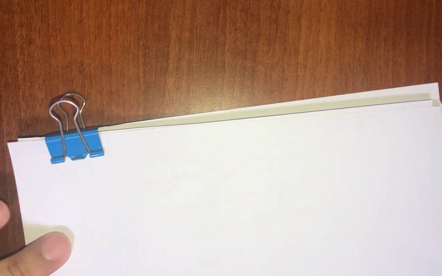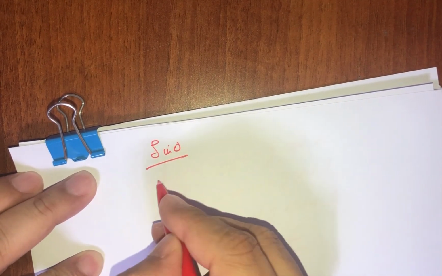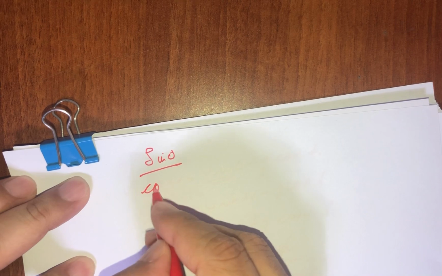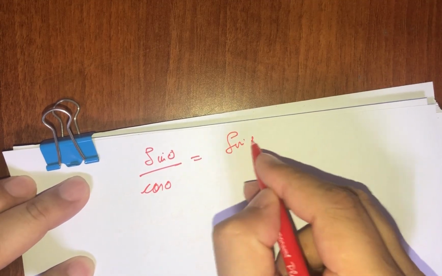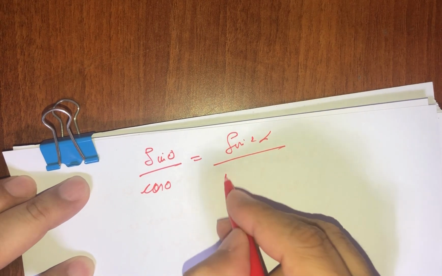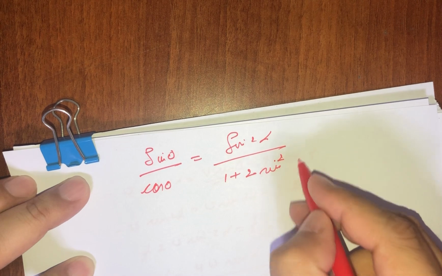Now we are going to further simplify by manipulating the left and right side. So we can write this as sine theta upon cos theta is equal to sine 2 alpha divided by 1 plus 2 sine square alpha.